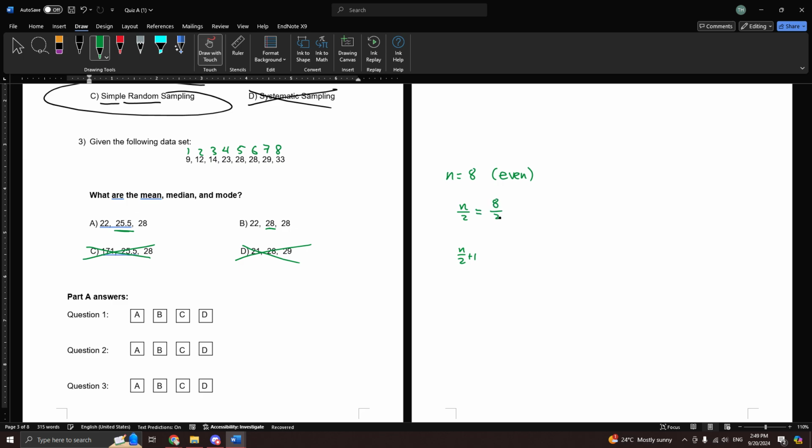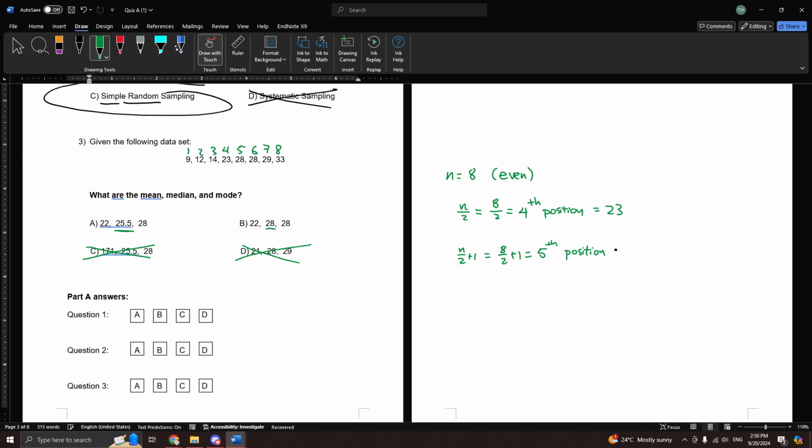So let's go for this one. We've got 8 over 2, which will give me 4. Here we have 8 over 2 plus 1, which will give me 5. But 4 and 5 are not my middle numbers. These are our positions: 4th position, 5th position. And so we look back in our list now. What is my 4th position? It is 23.